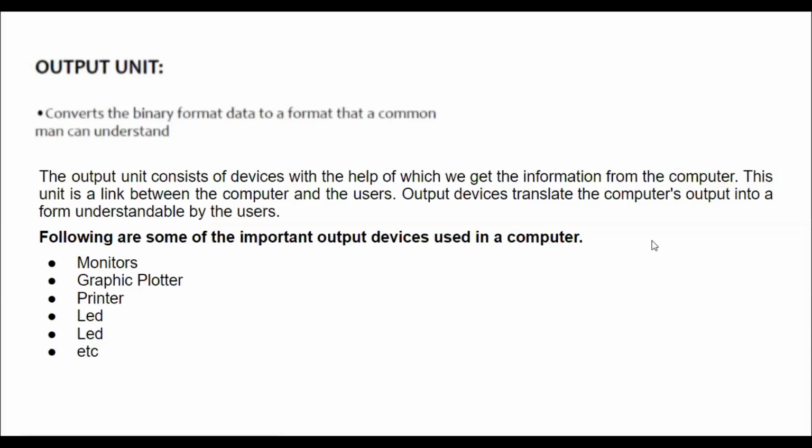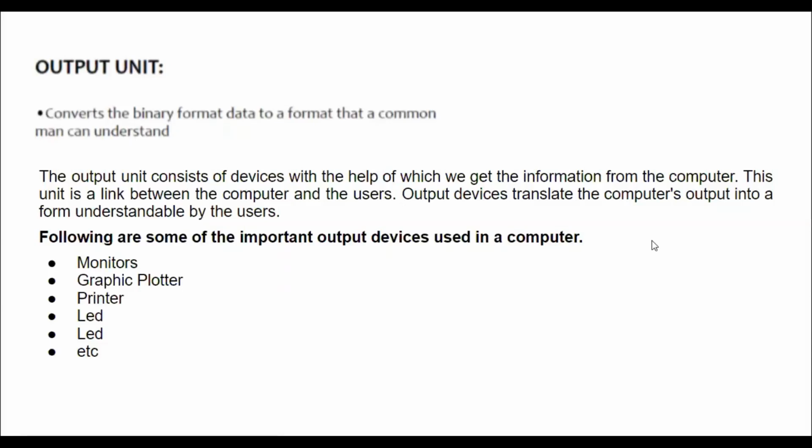So following are some of the important output devices used in a computer. So it includes the following, like monitors, graphic plotter, screens, printers. Also, we have speakers, the LED, the LCD, and many more. So those are some of the important output devices.